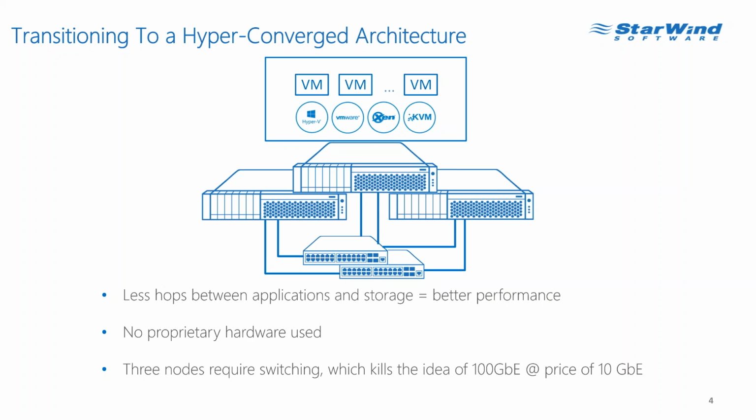This already gives us better performance because running hyper-converged allows us to leverage local storage and local RAM. So our RAM, which is often used as cache, is not sitting behind an Ethernet link now. It's local.